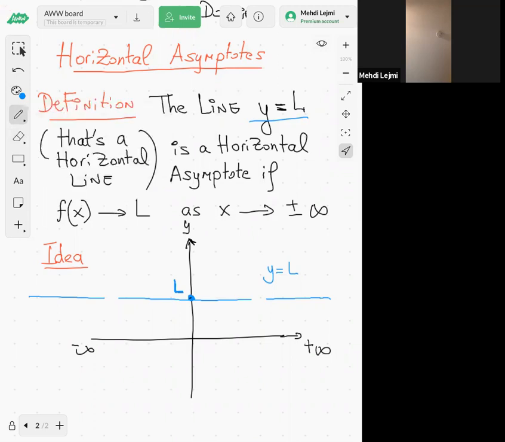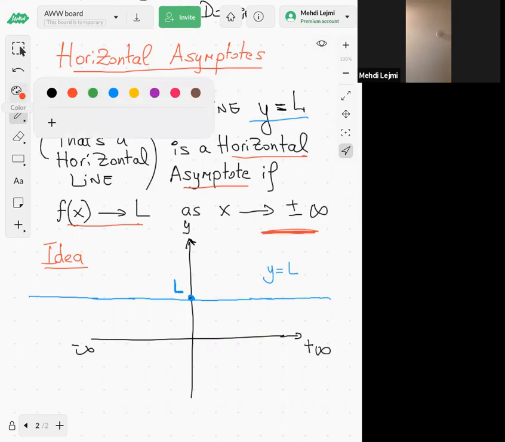And so what I'm saying is that it's a horizontal asymptote if the values of f of x approach L as x approaches positive or negative infinity.